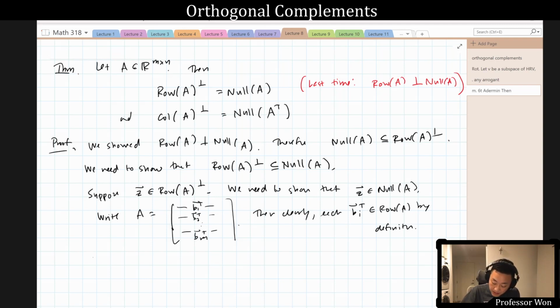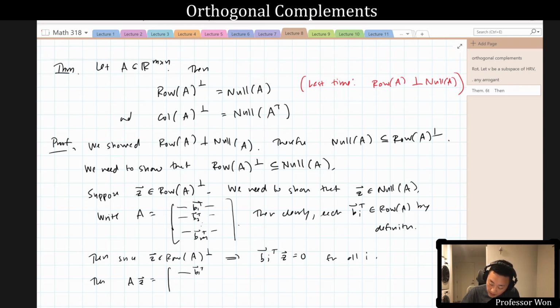Okay, but then, since Z is in the orthogonal complement of the row space, this means that Z is orthogonal to every single row. So Bi transpose Z equals 0 for all i. Z is orthogonal to every vector in the row space, in particular, all of the Bi transposes. Right, but then if you take A times Z, it's this multiplication.